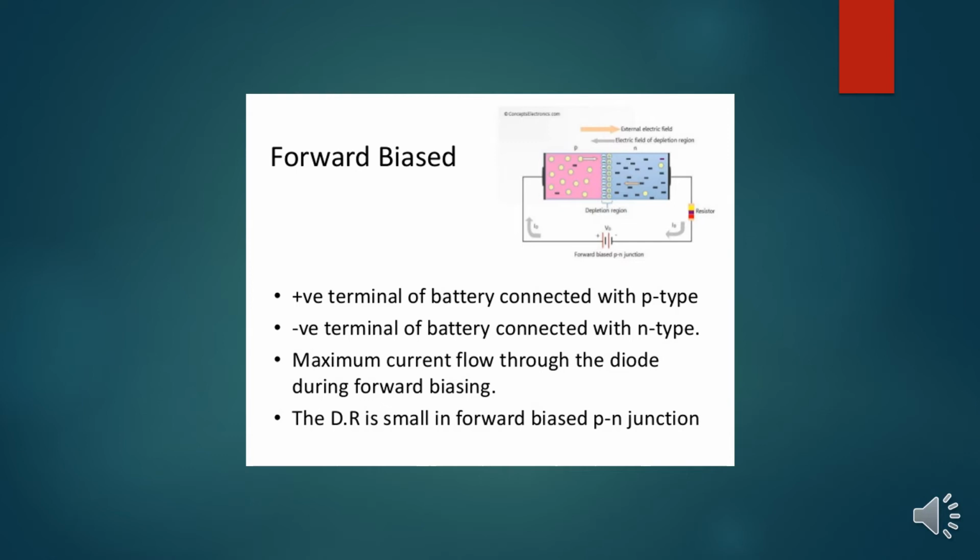Because electrons move from N to P, current is always flowing opposite to electrons, meaning P to N. This is the conventional current in the PN junction diode. And this is the external electric field, this is the electric field of the depletion layer here.